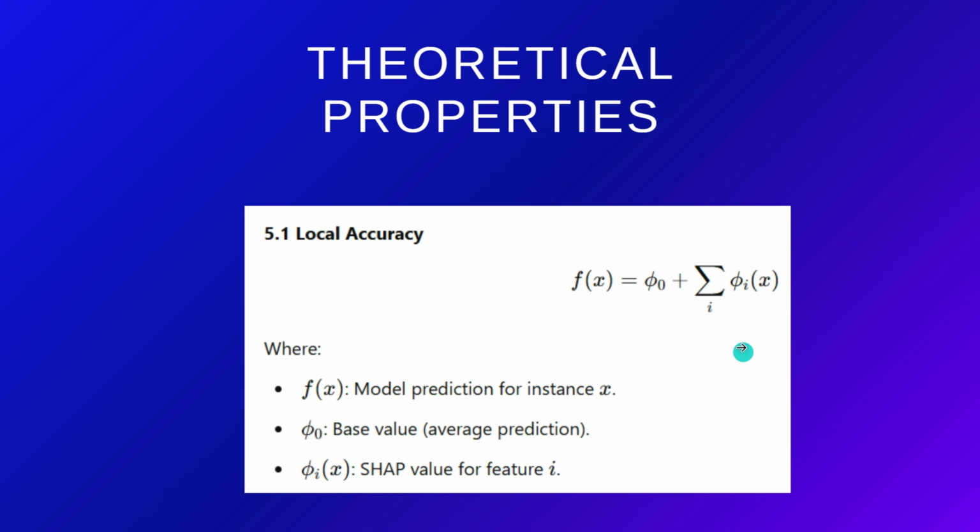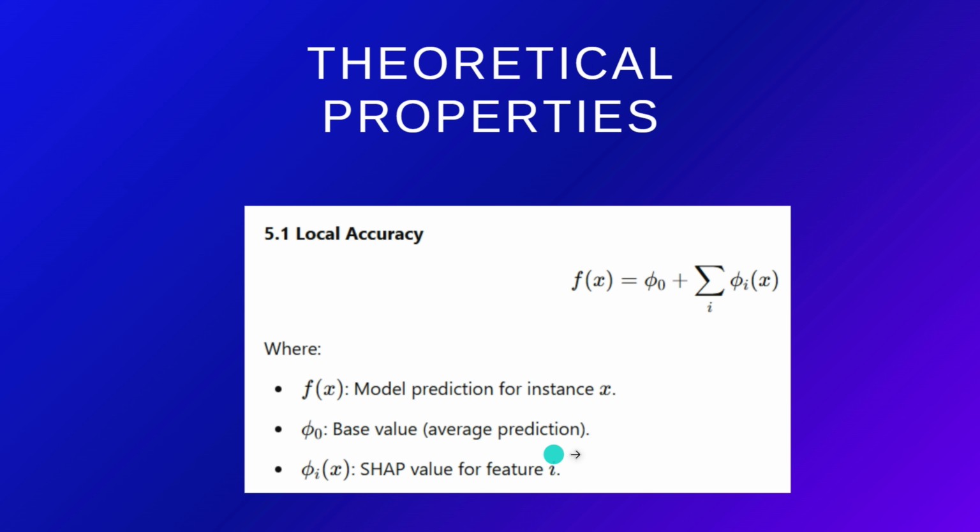The summation of pi sub i of x over all i. This is the sum of the SHAP values, where pi sub i of x represents the contribution of feature i to the prediction for instance x. Each feature's SHAP value quantifies how much that feature pushes the prediction away from the base value.